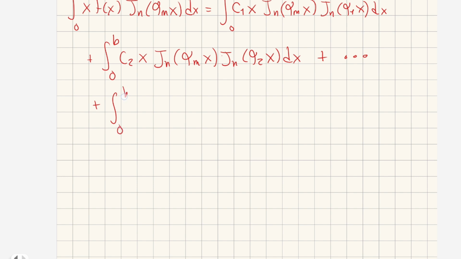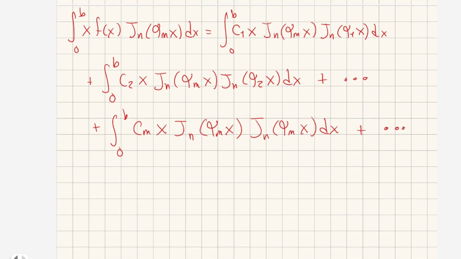The integral from 0 to b of cm x Jn alpha m x Jn alpha m x dx, and then plus all the way up to infinity.